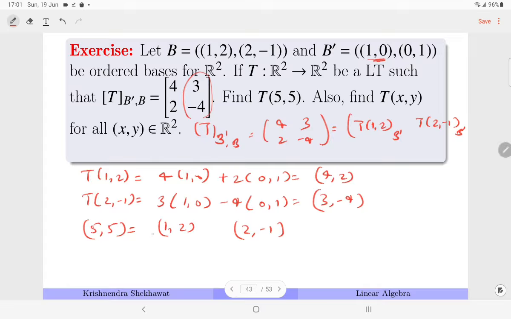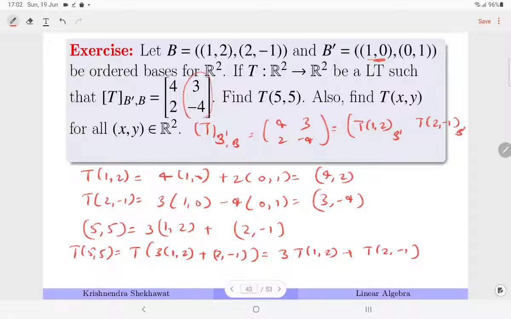Either you can write it as a times (1, 2) plus b times (2, minus 1) and solve the system of equations, or you can see that it is simply 3 times (1, 2) plus (2, minus 1). If you apply T on both sides, then this is T of 3(1, 2) plus (2, minus 1). Now recall that T is a linear transformation, therefore it can be written as 3 times T of (1, 2) plus T of (2, minus 1).